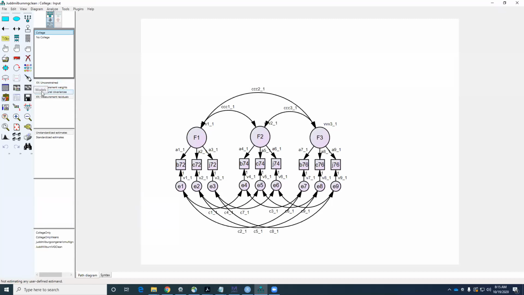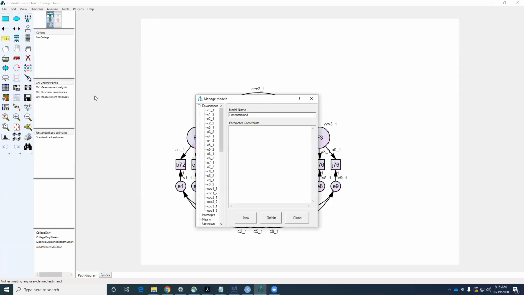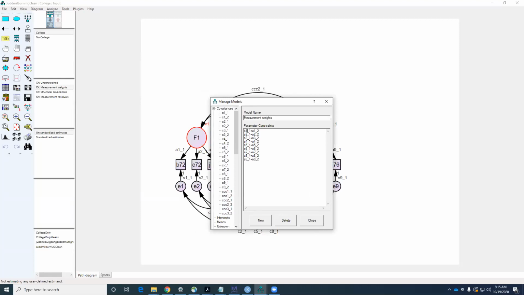Over here in the middle, you'll notice that we have several models. The unconstrained model is entirely blank. It doesn't have any constraints in the model. The measurement weights model, though, has the factor loadings being the same. So A11 in group 1 is equal to A1 in group 2, and the same song for all the other factors. The structural covariances has all of my loadings plus all of the covariances in the model and all of the factor variances.